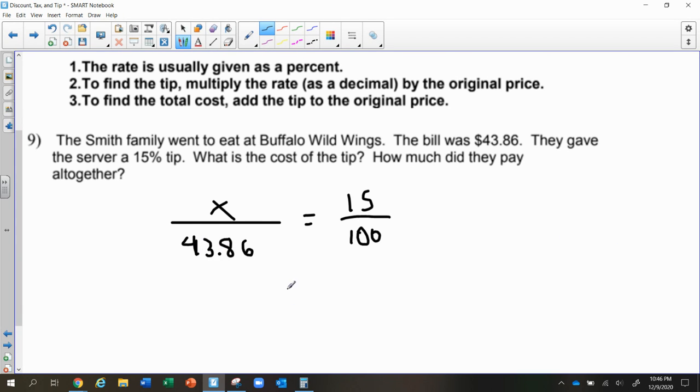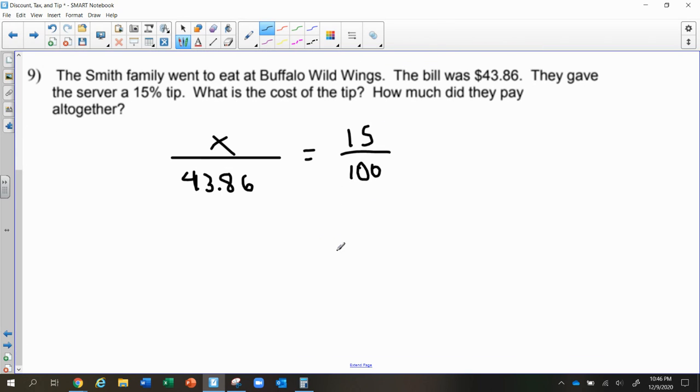So, same thing I always do. I'm going to multiply both sides. Now, in this case, the bill had some decimals, which is fine. I'm still going to multiply both sides by that. So 43.86, 43.86.